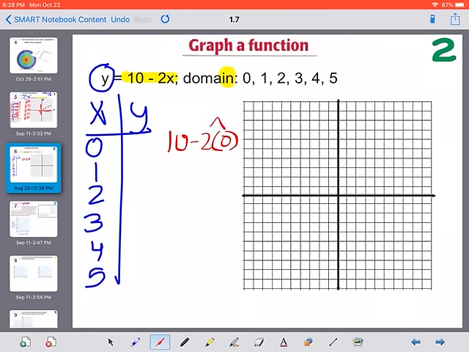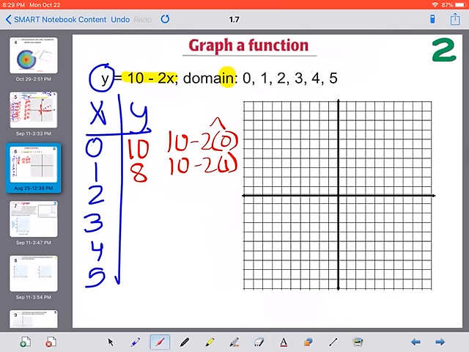Order of operations always tells me to multiply first, so I'm not doing 10 minus 2. I cannot do that. We have 10 minus 2 times 0, which is 0. 10 minus 0 is 10. Then, if I do the same thing, but with a 1, 2 times 1 is 2, so we really have 10 minus 2, which is 8.